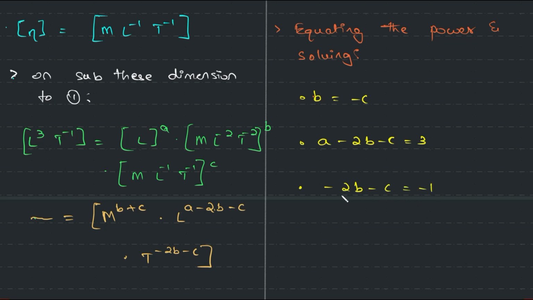So from here, if I substitute and all of that, B is equal to 1. So therefore, B is equal to 1. Then C will be equal to minus 1. And A will be equal to, yeah, have a look at it. This is 2, this is 1 and 4. Okay.